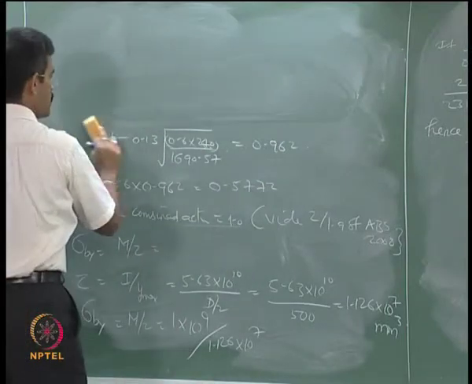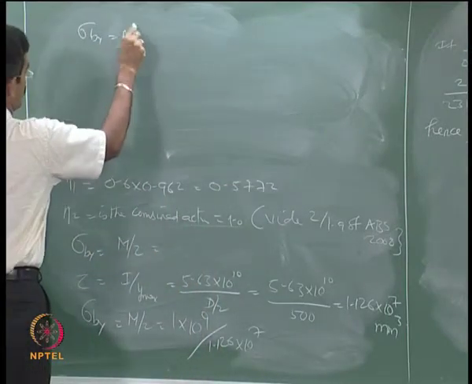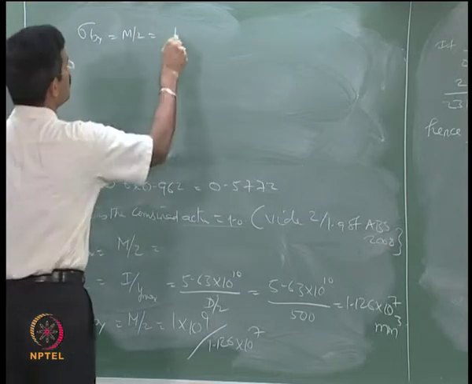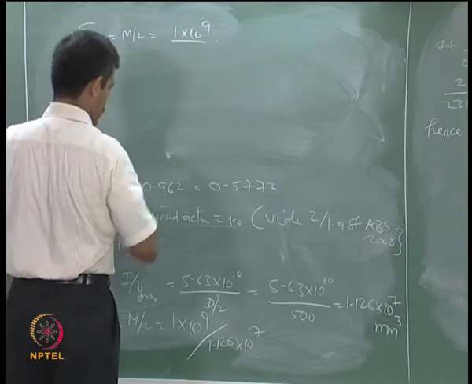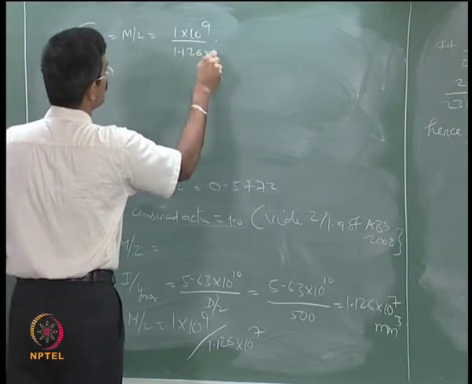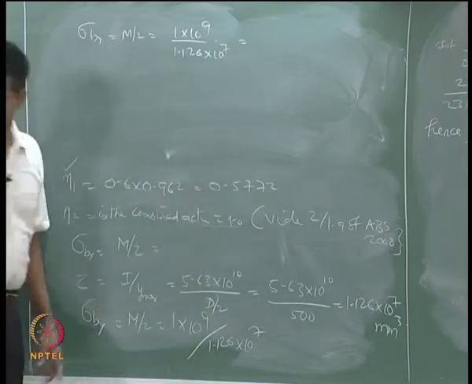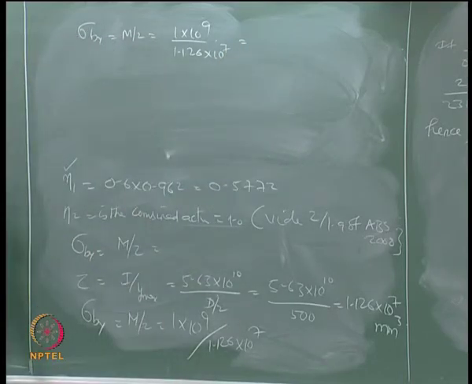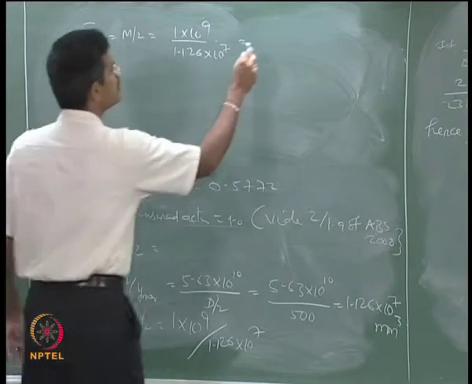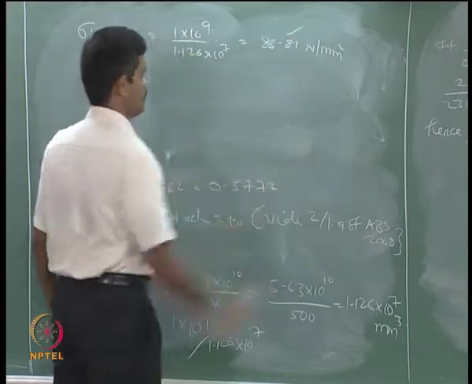Let us rewrite it here again: sigma By is M by Z, 1 10 power 9 by 10 power 7, which gives me 88.81 Newton per mm square.